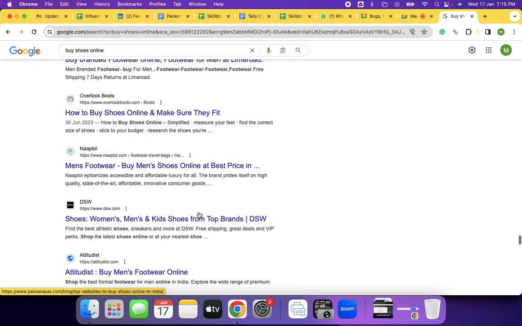Which one is highest? Myntra. This one will be 1. Which has the second highest average? 8.7. This will be ranking in the second position. Which has the third highest? This one. This is Flipkart. Fourth, this one. Which is fifth now? 7.7, correct? And this is sixth position.